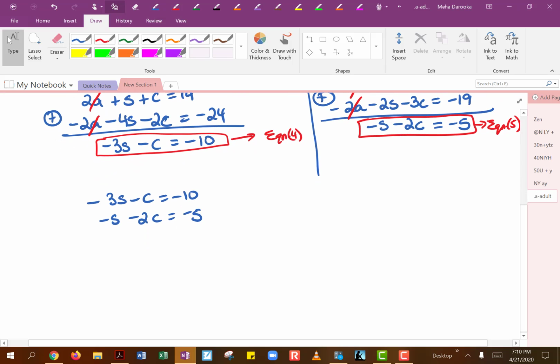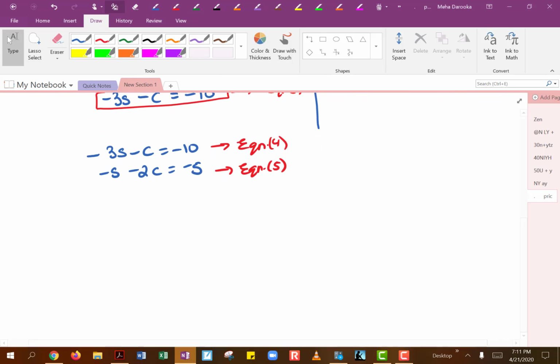So at this point, let's see if we can eliminate. It really wouldn't matter, you can eliminate s or c, but let's go ahead and try to eliminate c in this case. So this is equation 4, this is equation 5. We are trying to eliminate c.